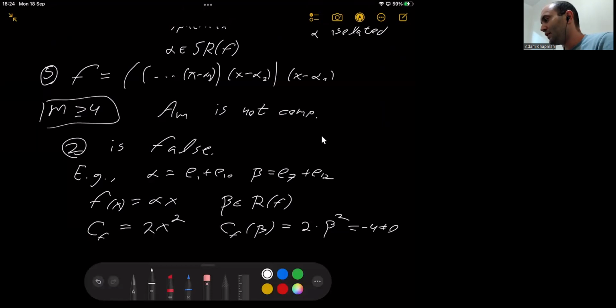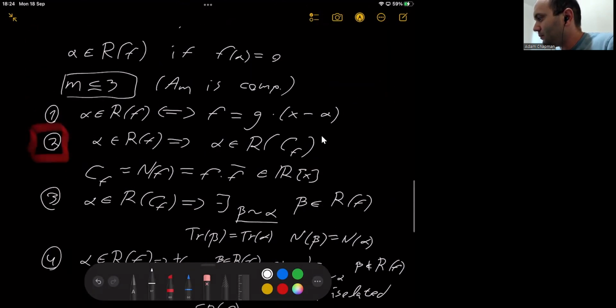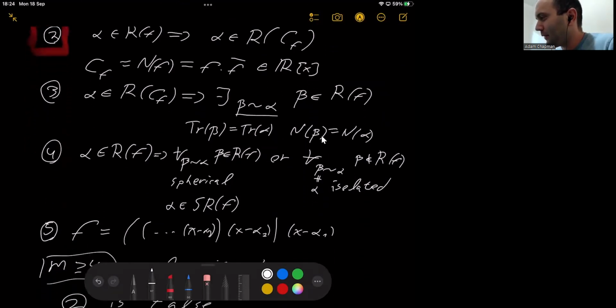However, there is a special type of roots that do carry over, and these are the spherical roots. Here it's also a good point to say that we did not say this out loud in the paper, I think, but this also gives a counterexample to 4.